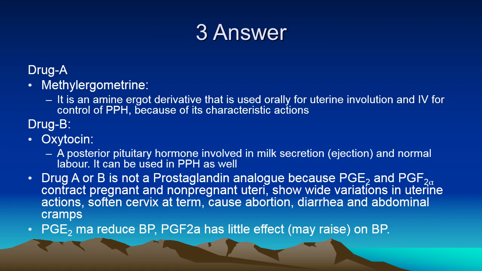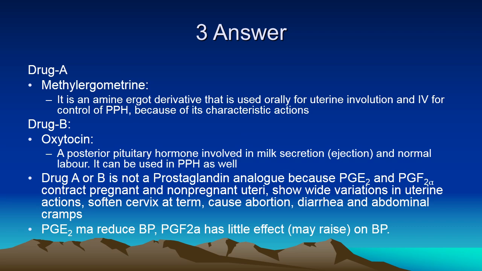Now, if we think critically, A can be the ergot derivative methylergometrine, which is given parenterally as well as orally to reduce postpartum hemorrhage after childbirth. It has a multitude of actions which have already been described in the text.